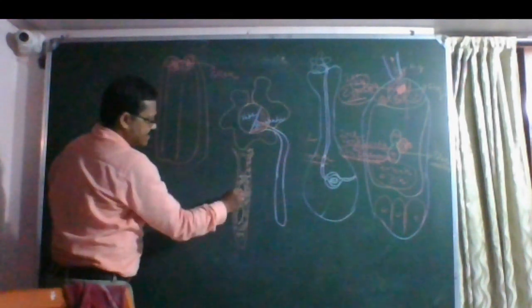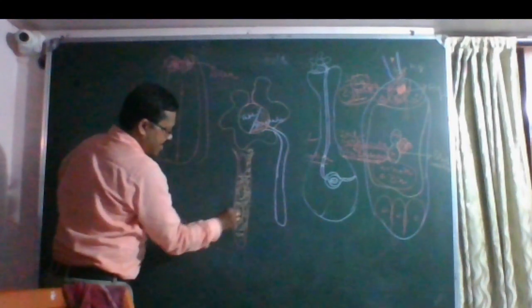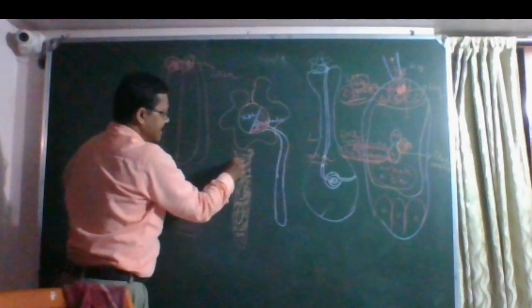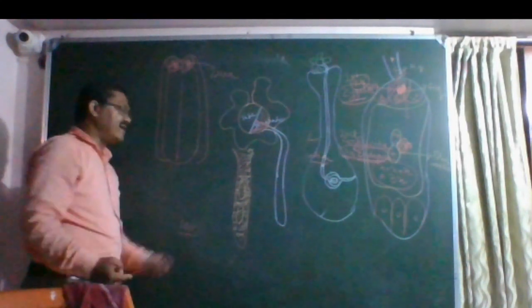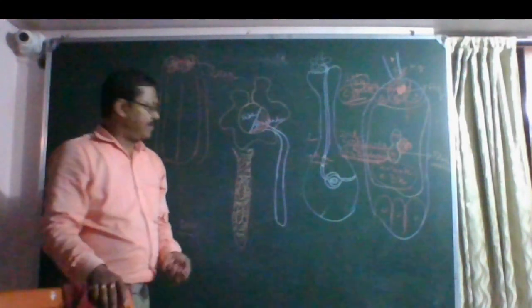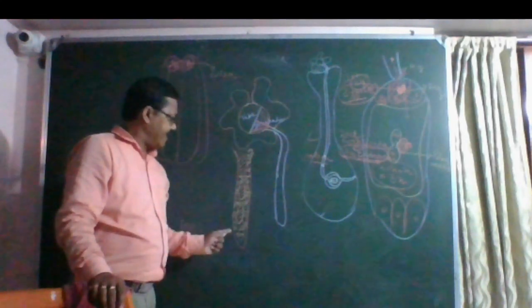This is one male gamete, this is another male gamete, and this is the tube nucleus. The final structure of the pollen tube contains three nuclei.